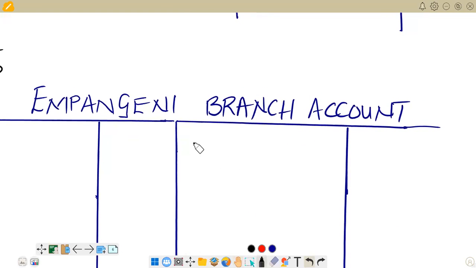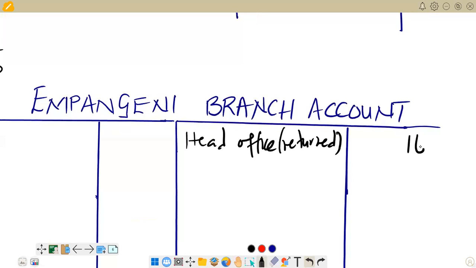So we are crediting it here, and obviously the description there is that it is being returned to the head office. And the amount is 16,700. So this is what we have, and then we can go back to check on the next item that we have on the list.